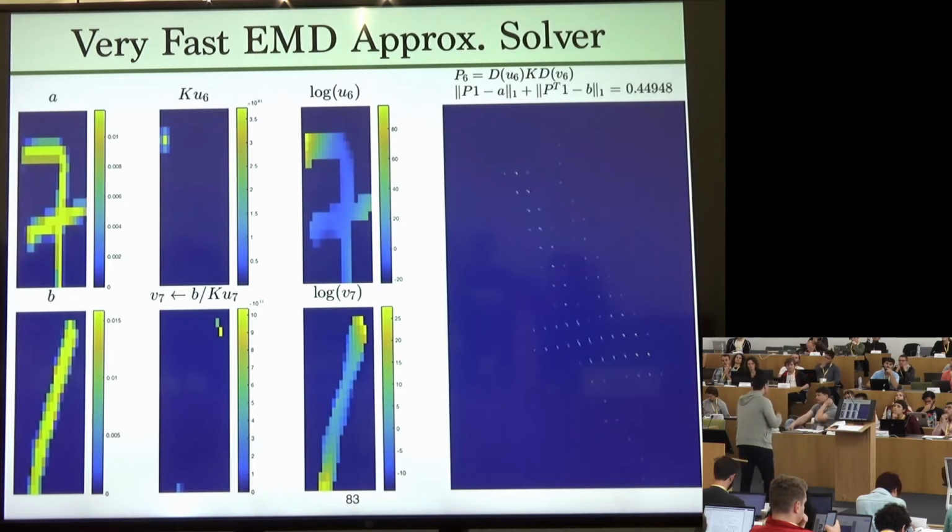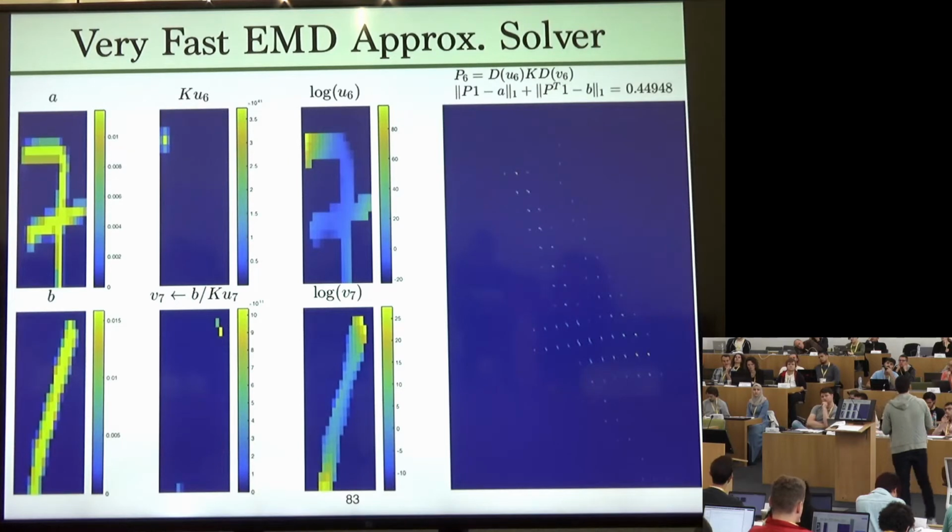And here is something that I would like to share, an intuition before we look at the math. Think about transporting the top left image to the bottom left image, so the 7 to the 1.